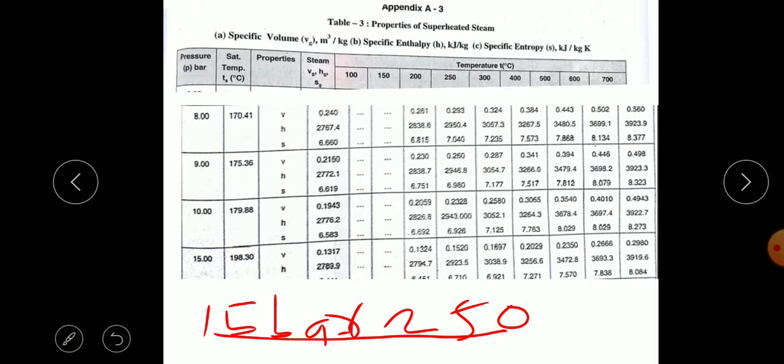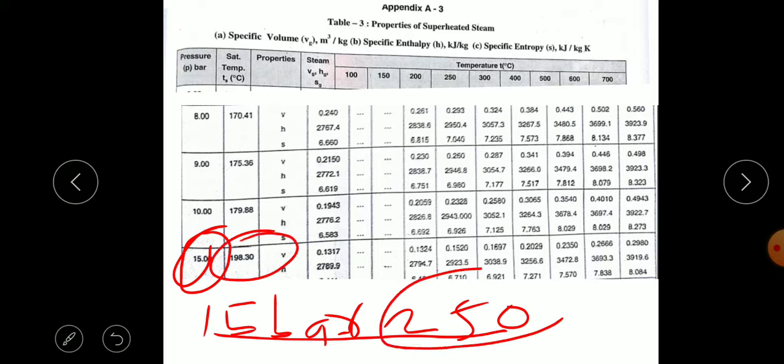It is not mentioned, so we check: corresponding to 15 bar the temperature is 198, and the given is 250, meaning the given temperature is more than the saturation temperature, so we can say that the steam is superheated. And if the temperature is 198, then the steam is saturated.